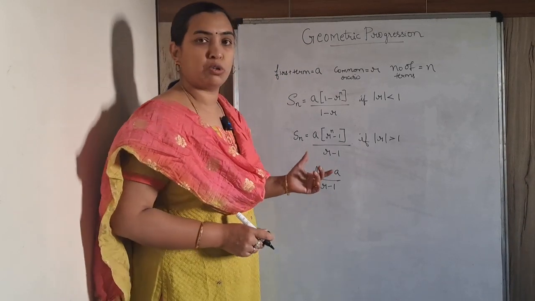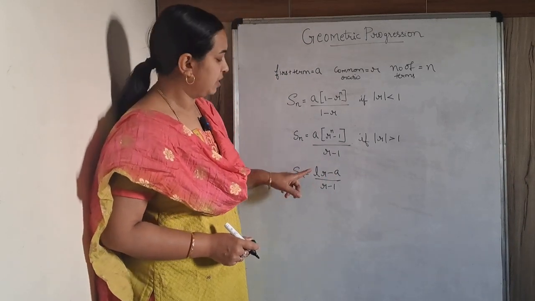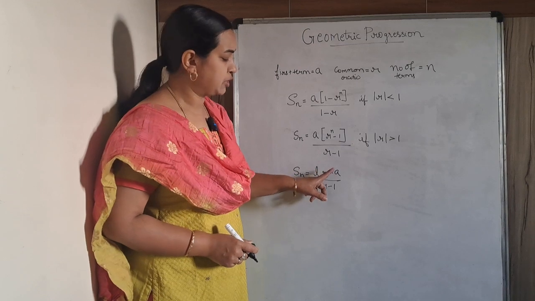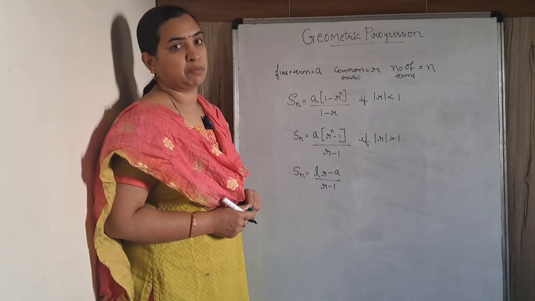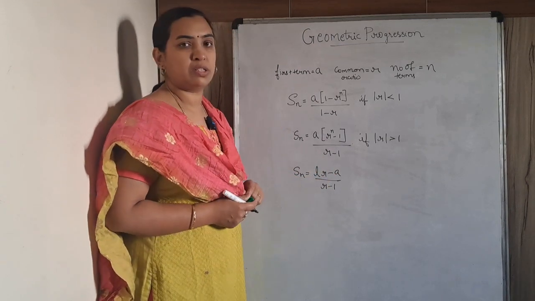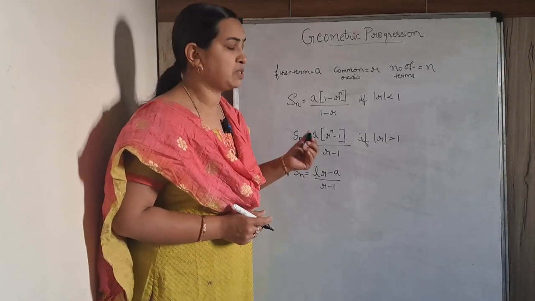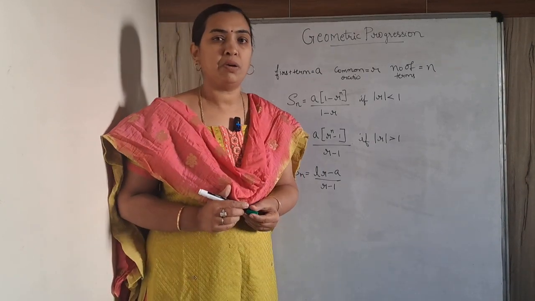This formula we are going to use if you know the last term, common ratio and the first term. So you need to memorize all these formulas, and using these formulas let us solve some problems in GP.